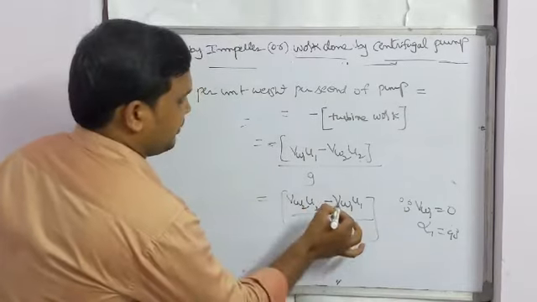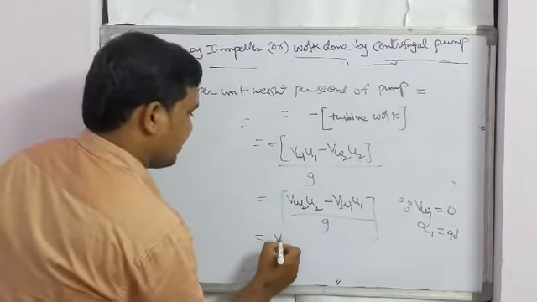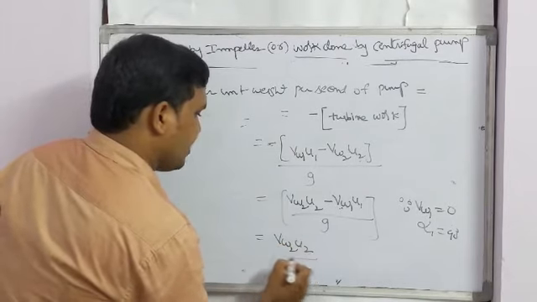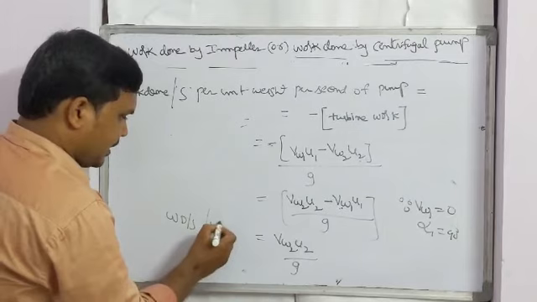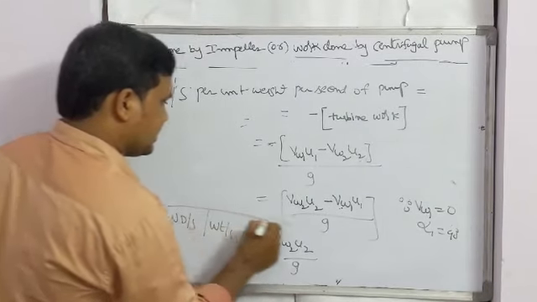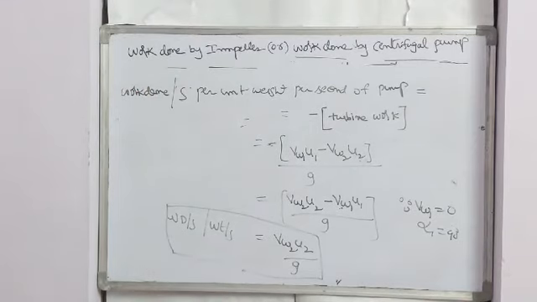So when VW1 is 0, VW1 into U1 is 0, and we get VW2 U2 by g. This is the work done per second per unit weight per second, developed by the centrifugal pump impeller. This is the final derivation of the work done by the impeller.